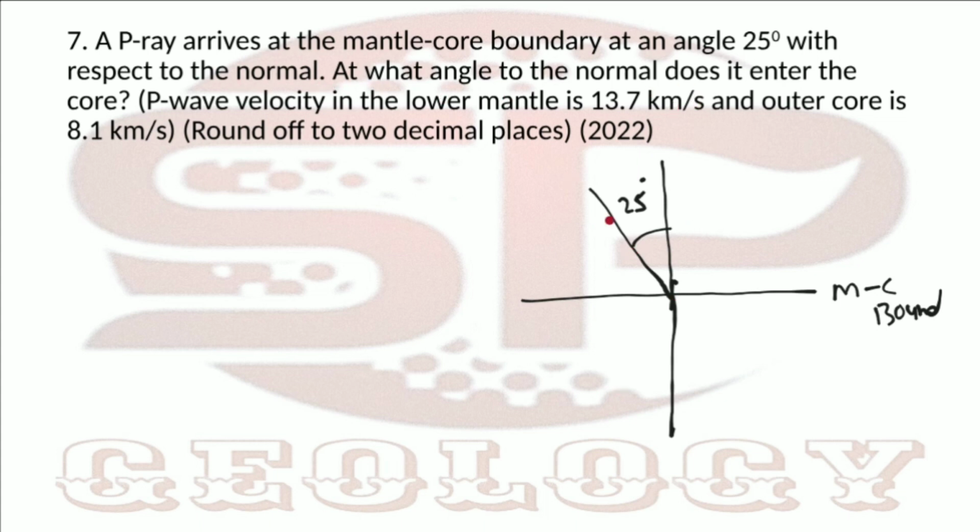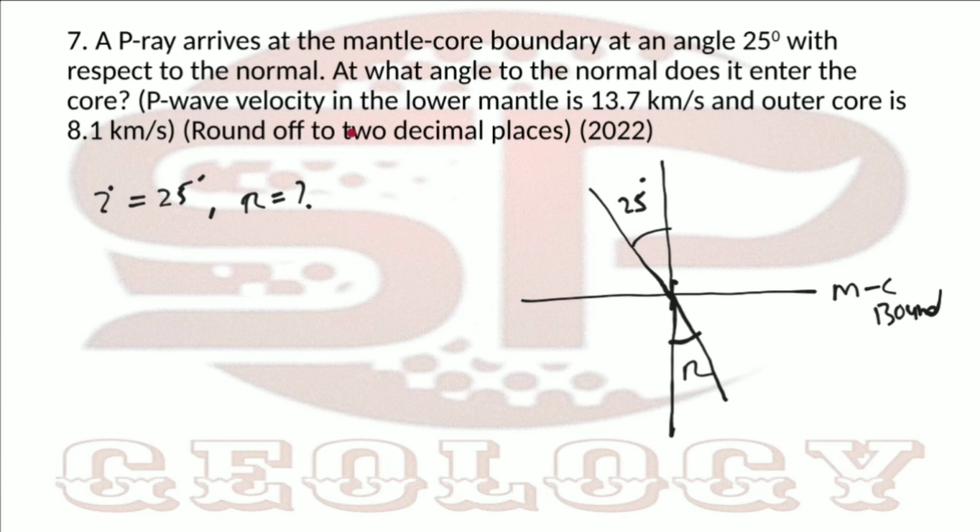This is the incident angle, so you can say i equals 25 degree here. At what angle to the normal does it enter the core? That means the refracted angle is asked. At what angle it will enter into the core, that is r is asked.